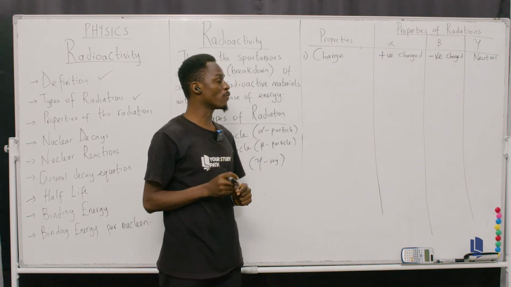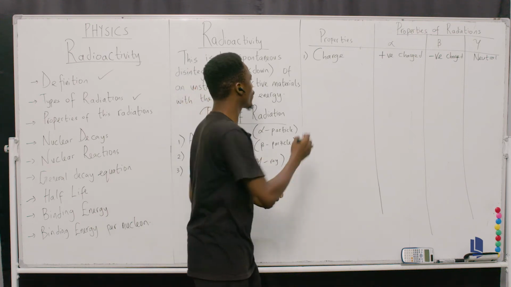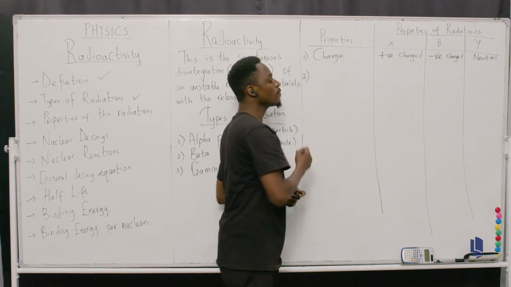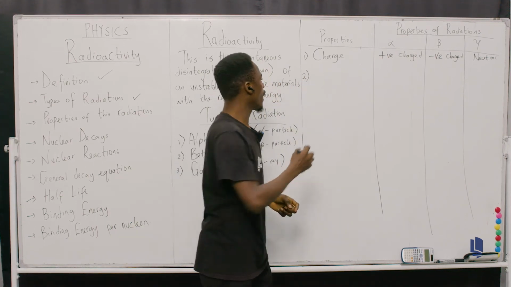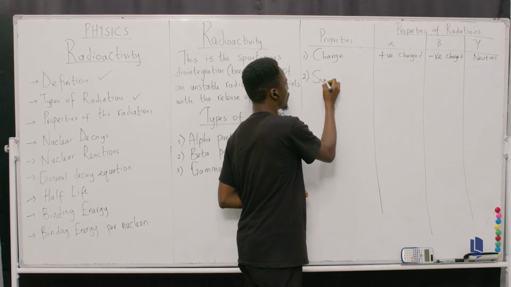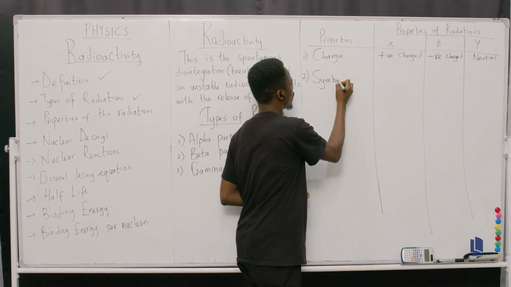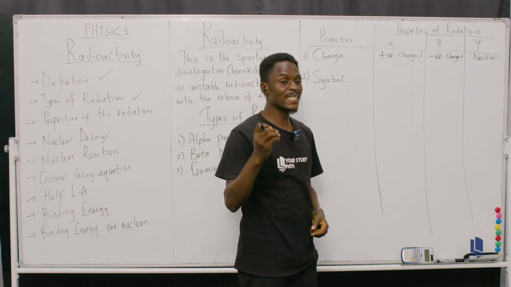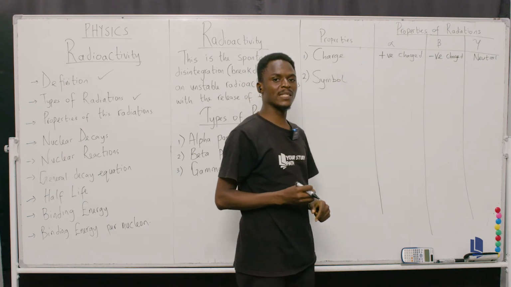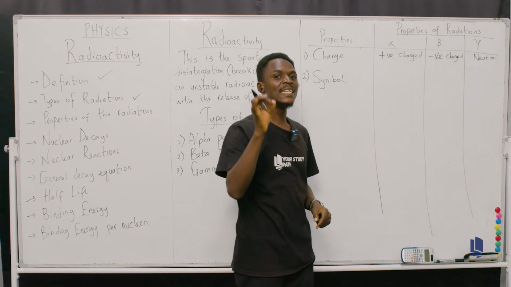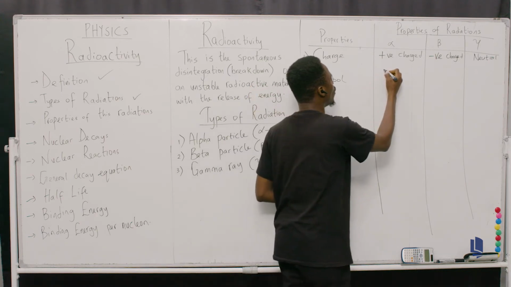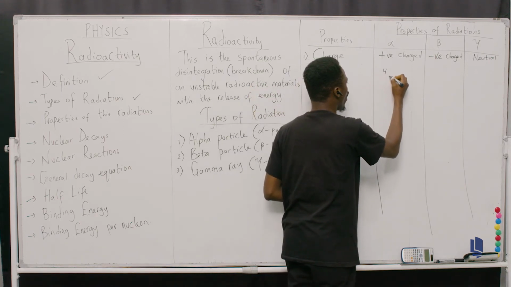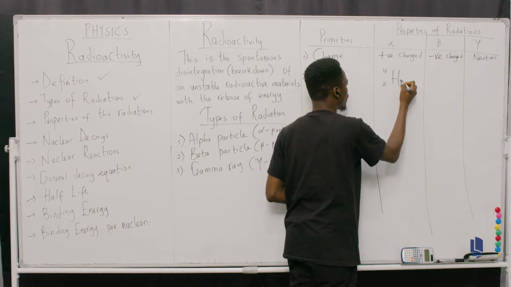We talk in terms of their symbols. How do you represent them? Aside from using alpha, beta, and gamma, our alpha particle is represented in terms of the helium element, 4,2 helium.